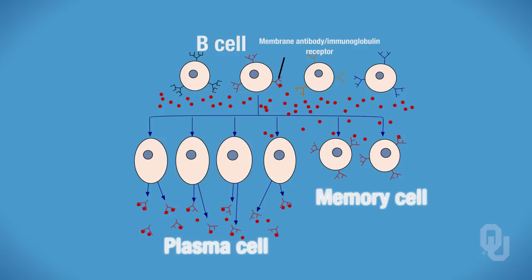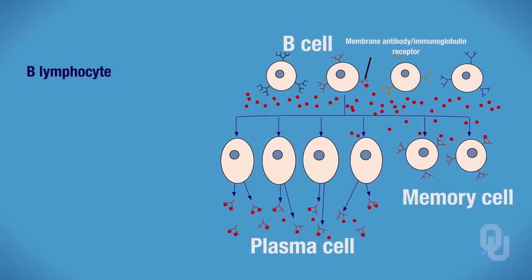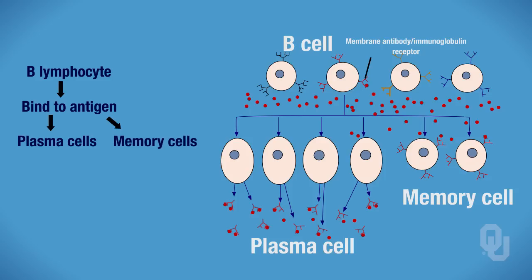All right, so off to the side, let's diagram this big picture as we go. So here we have our B lymphocytes, and they have to bind to an antigen. And remember that they're binding to the antigen by using the membrane antibody receptor. And once they bind to that antigen, then they can become either plasma cells or memory cells.